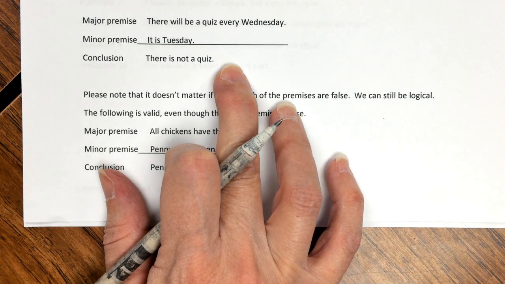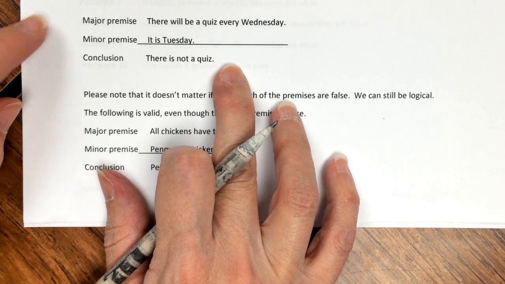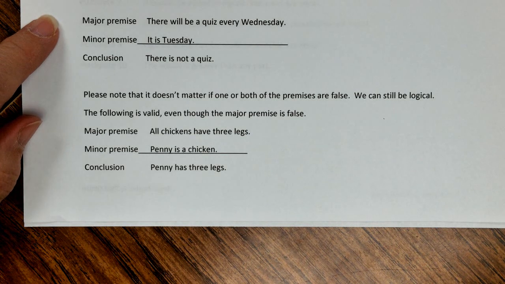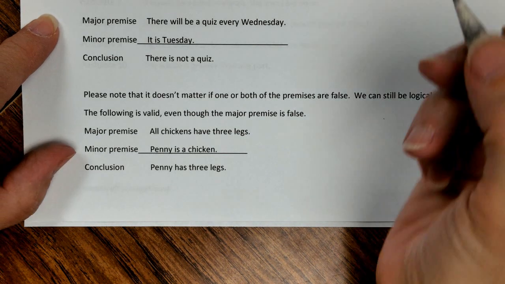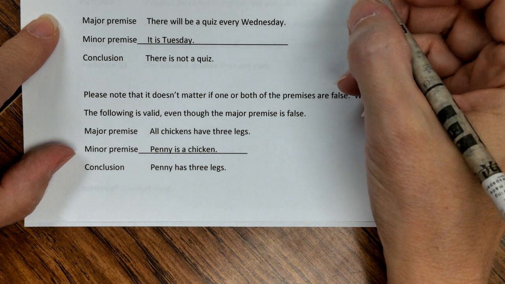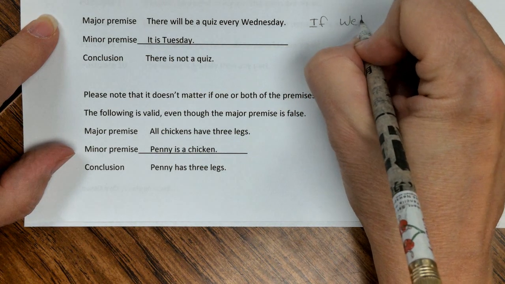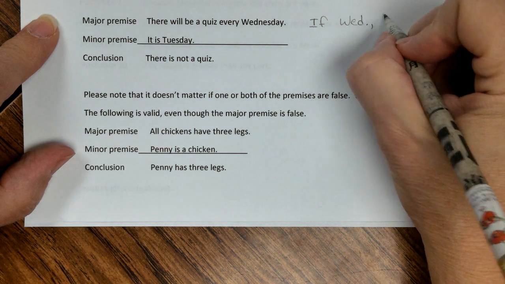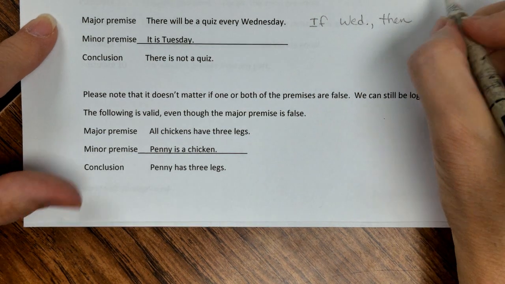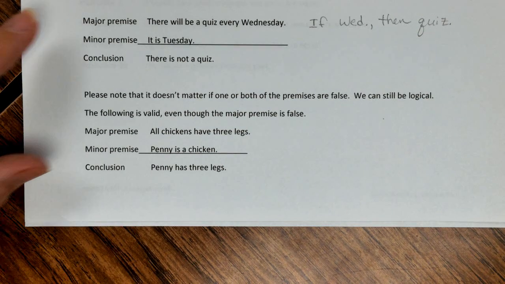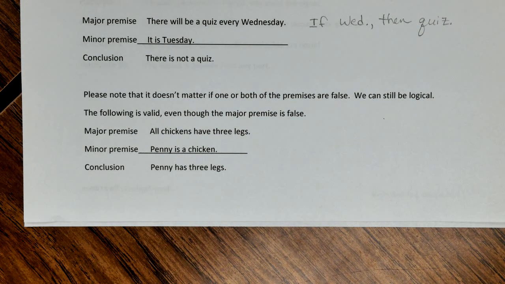There will be a quiz every Wednesday. All right, that is not an if-then statement, but we can rewrite it as one. So, if it's Wednesday, then there's a quiz. I'm just going to write then quiz. Okay, if Wednesday, then quiz. It's Tuesday.